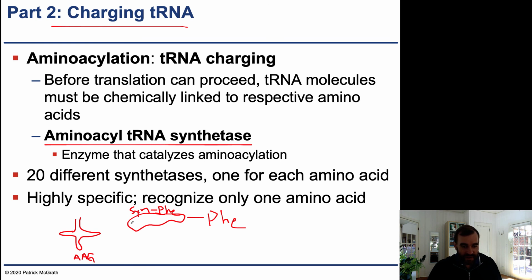This synthetase also recognizes the correct tRNA that has the AAG, and then it is able to attach the phenylalanine to the tRNA. Then you would have a completely unique molecule for the tryptophan amino acid, a completely different synthetase for the alanine, et cetera. So each one of these is very specific, recognizes a single amino acid, and then recognizes the tRNA that it needs to charge.